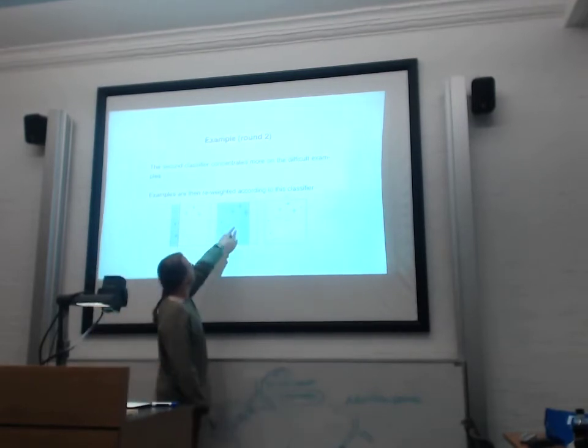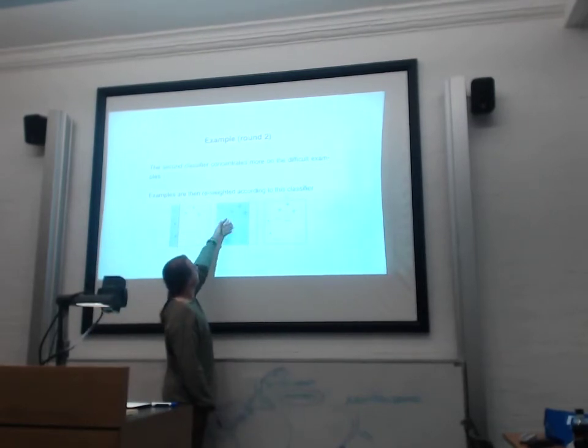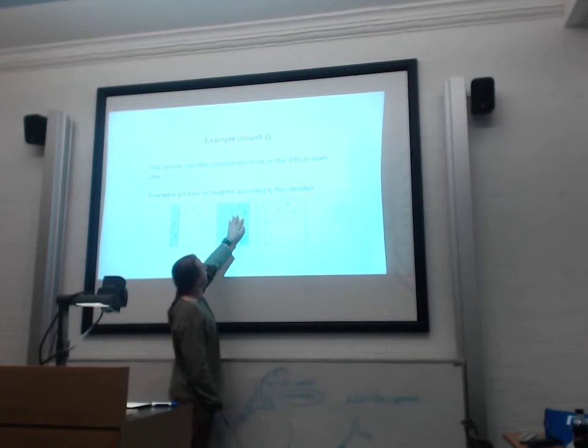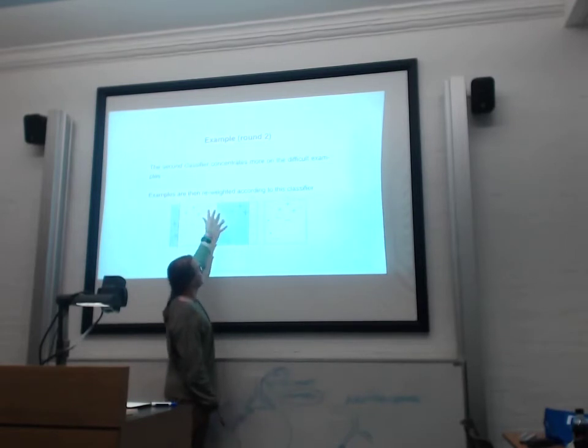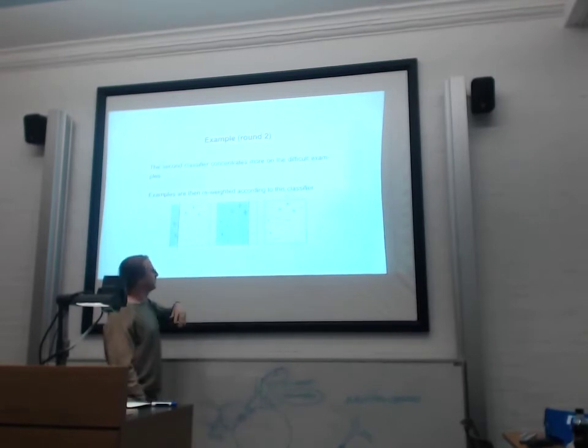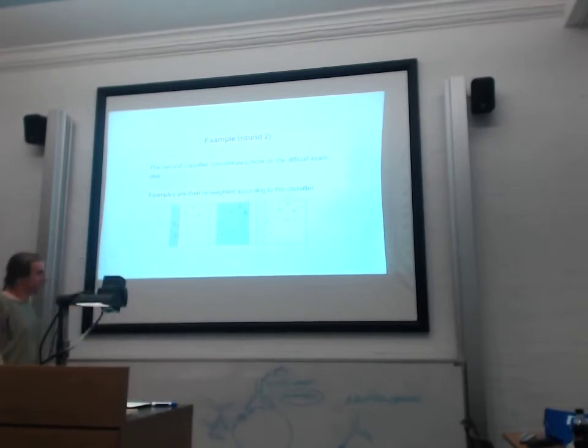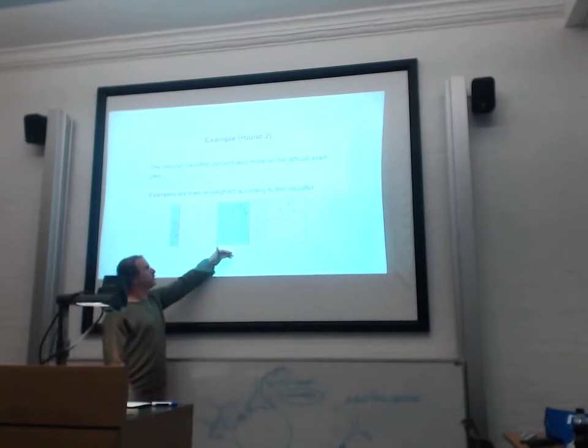But the weighted error will be less than 30%, because these high weight examples here contribute more, and so the overall weighted error would be smaller than 30%. Here our weighted error is 0.21.